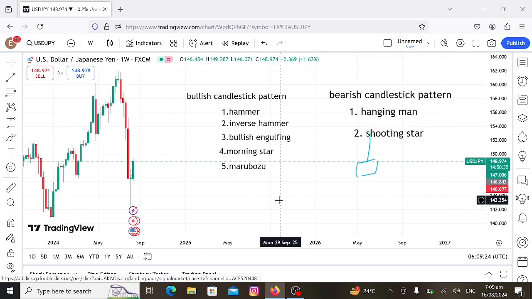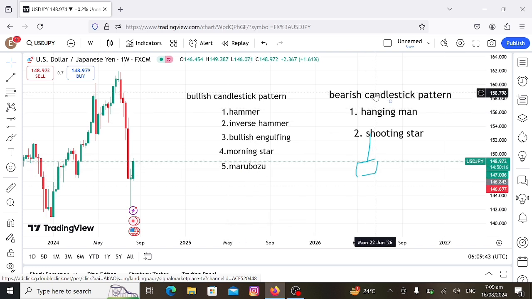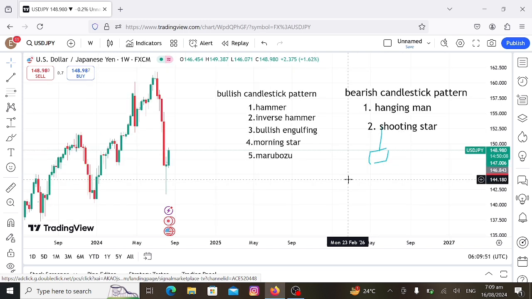So basically we have covered the bullish candlestick patterns: the hammer, the inverted hammer, the bullish engulfing, the morning star, and the marubozu. And for the bearish, we are able to talk about the hanging man and shooting star. So we are left with three.